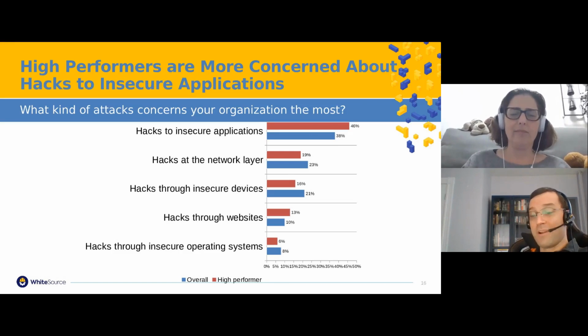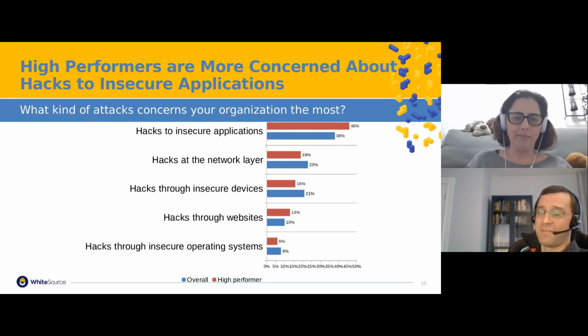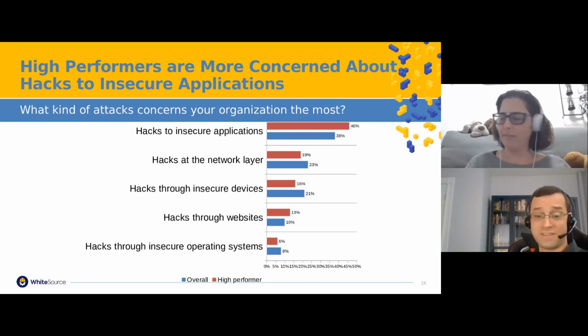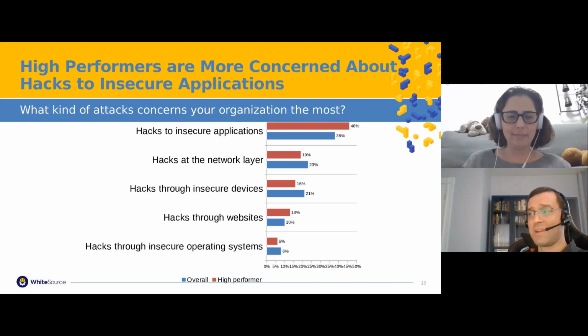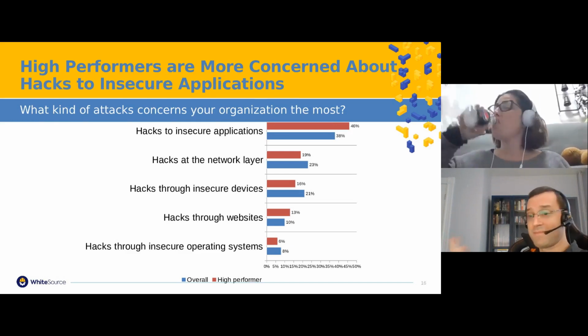The ones who aren't paying attention or don't have the resources, the general populace versus high performers, don't know what they don't know. So they think of the more traditional things as being an issue, like insecure devices or the network layer. Whereas high-performing organizations already spent the money, like we saw on the very first slide, and just solved it. So they're not as concerned about it as their unsolved problems.